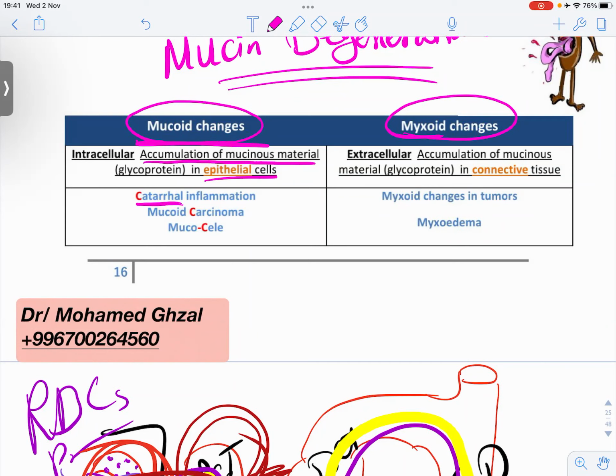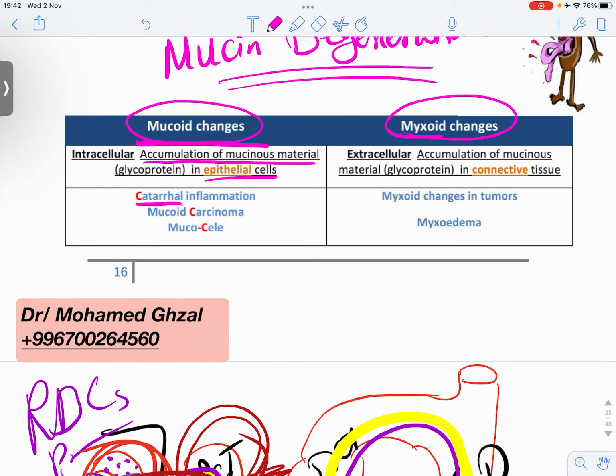Under the microscope, you will see the epithelial cells converted into mucoid cells. It means that the epithelial cells are now very accumulated with a lot of mucin, and we call it mucoid carcinoma. And we will explain the types of carcinoma in systemic pathology.